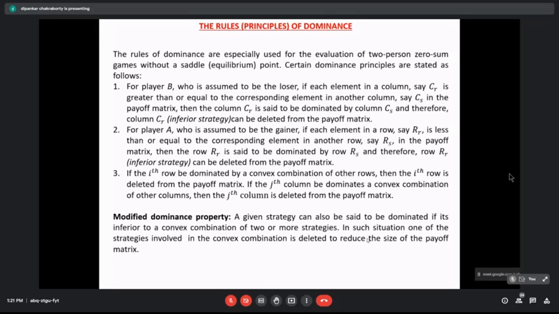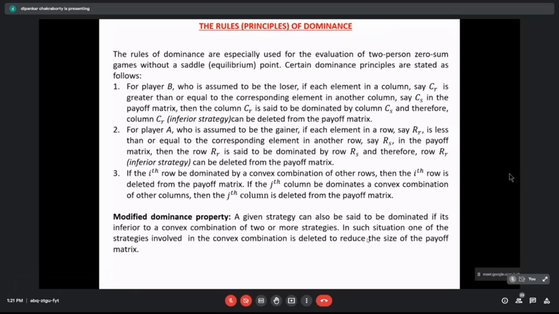If you have any question, any doubt, you can ask me. I'm not going to continue further today. We have discussed one method, which is basically the graphical method, and we have seen that the graphical method helps us to convert a game into a 2x2 game when the saddle point does not exist.